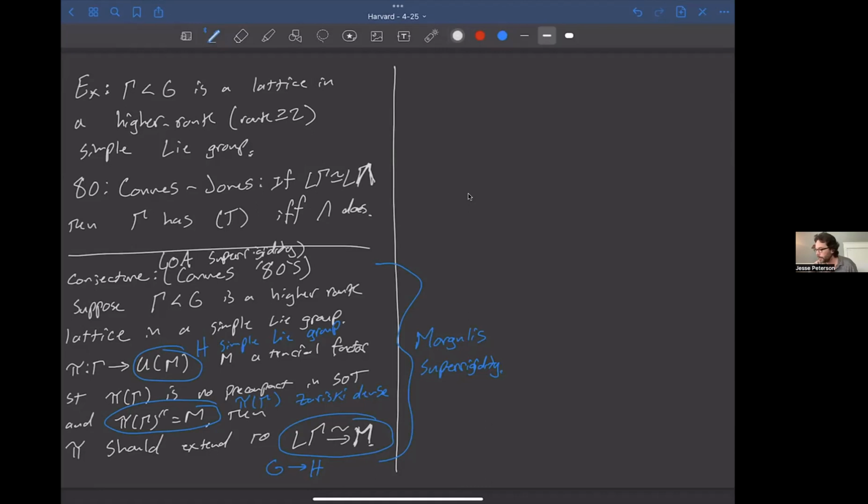And in fact, it wasn't until Ioana in 2006 that this was shown to be true for gamma to be PSL_n(Z), n greater than or equal to 3. And Ioana's proof was unfortunately extremely ad hoc.